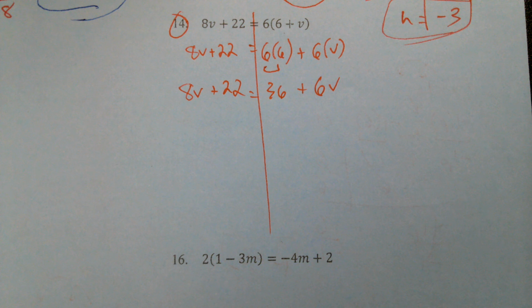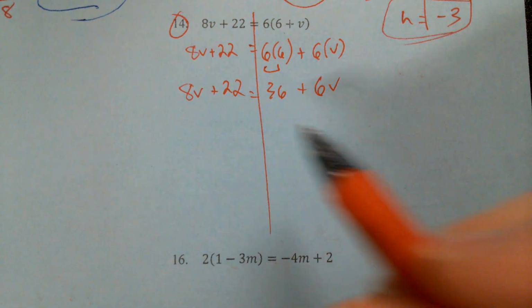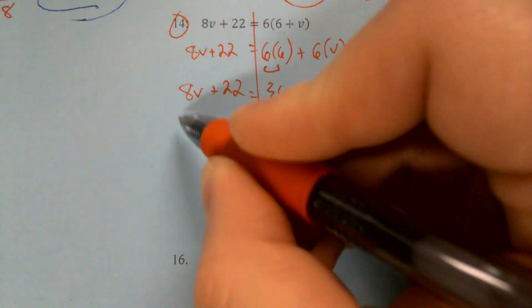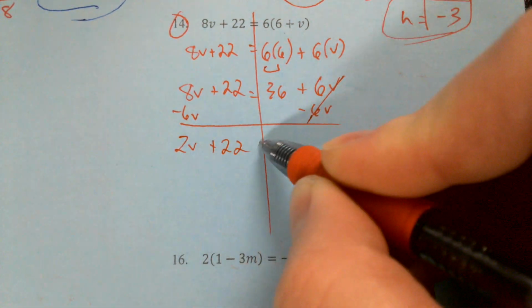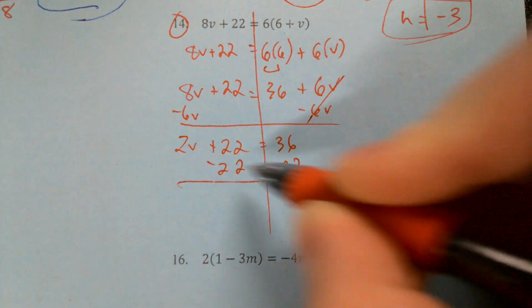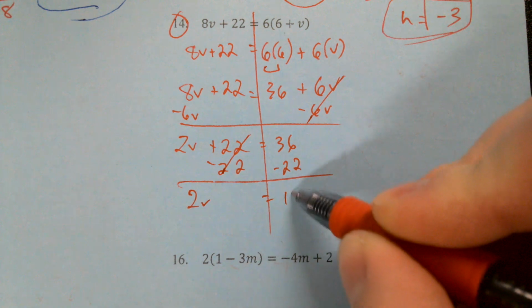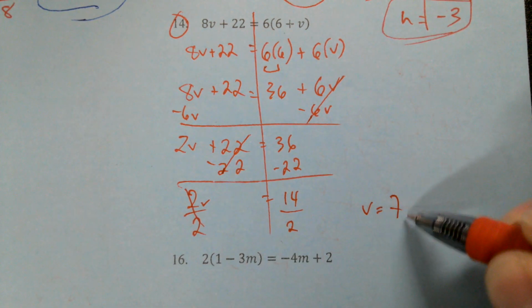Right, after we distribute and simplify, we're going to bring our variable to the left, bring our constant to the right, subtract 6v from both sides to get 2v. Subtract 22 from both sides to get 14. And divide both sides by 2 to get 7.